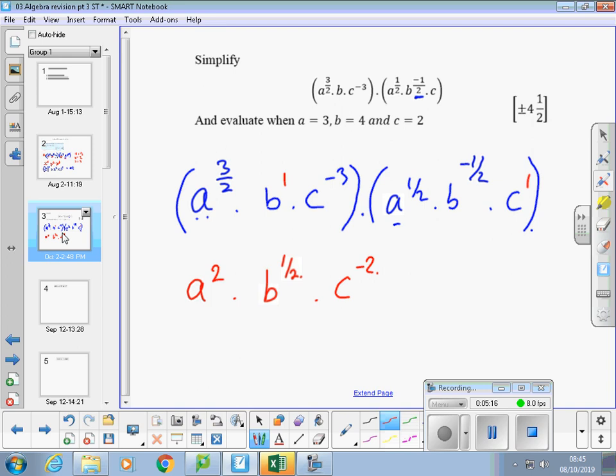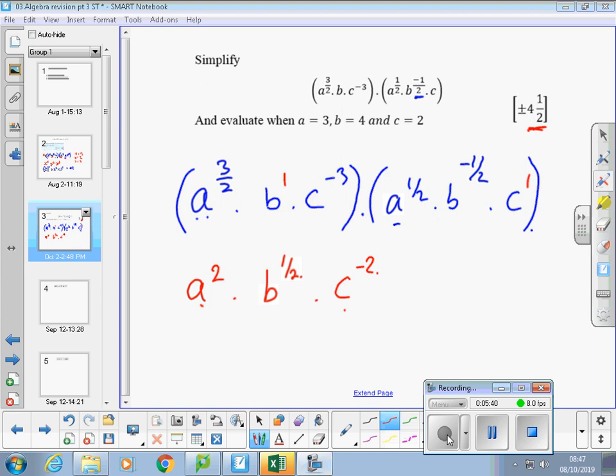In your handout, I gave you last week, find this problem. So far, we've got here a squared, b to the half, c to the minus 2 is a simplification of that term.